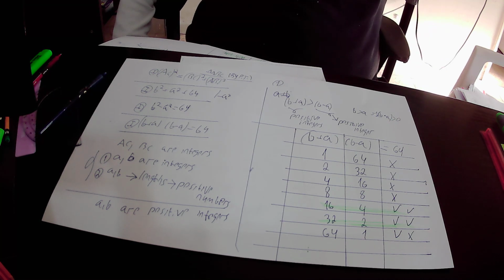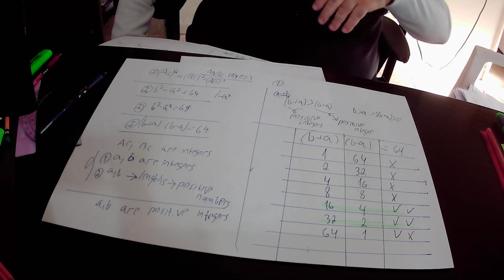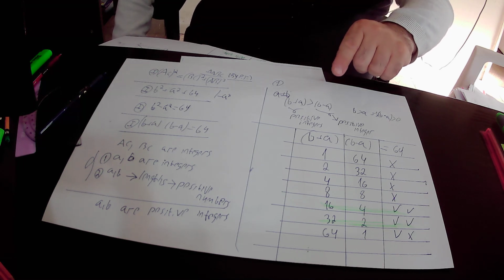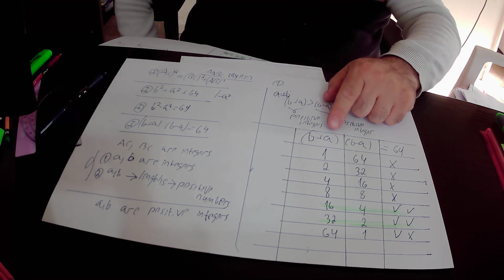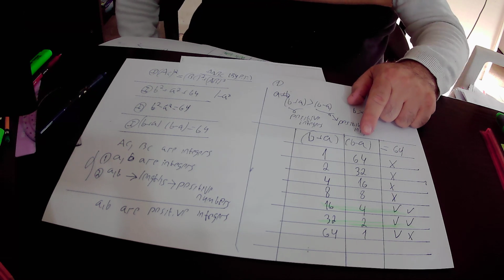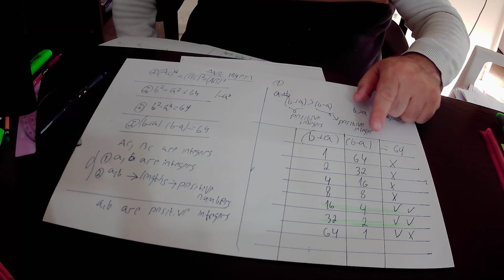There are a few positive integers that will give us 64 when we multiply them by each other. So we will write down all the possibilities that we have here. The first number would be 1, and the second number could be 64, and 1 times 64 is 64.